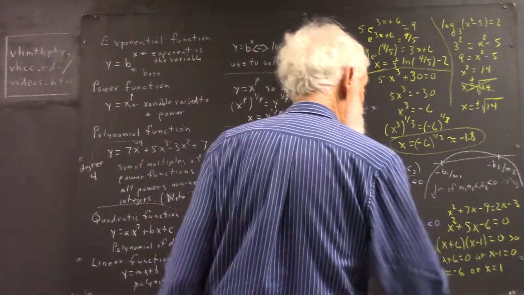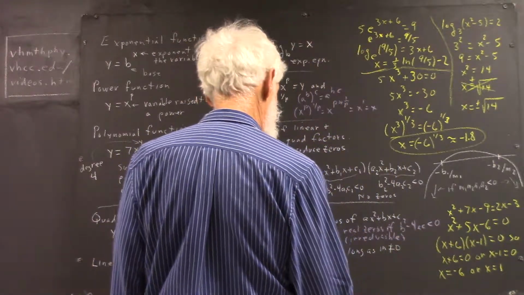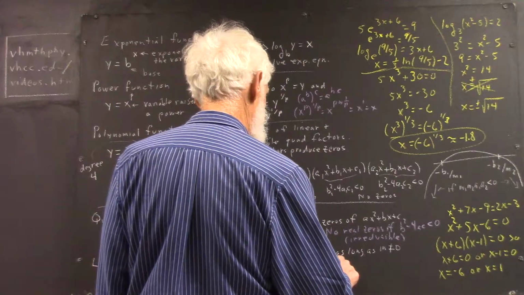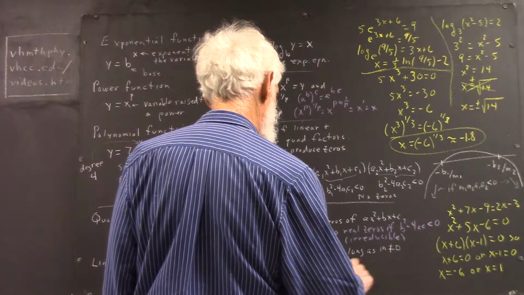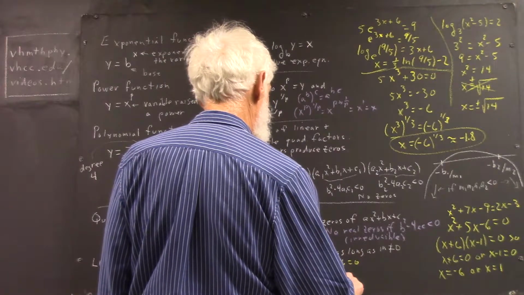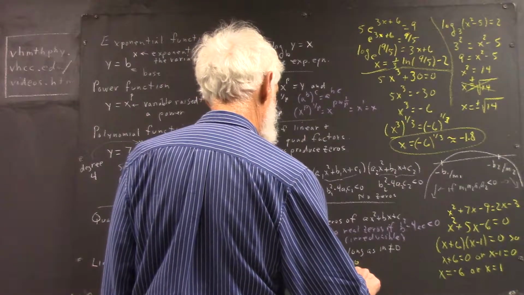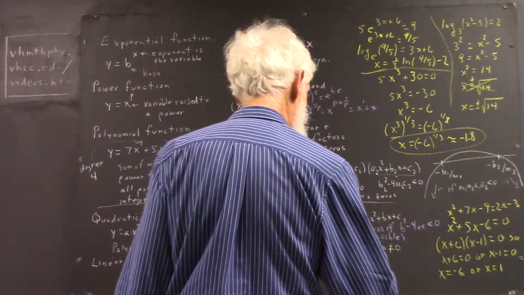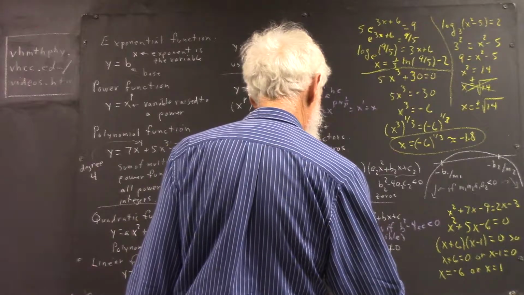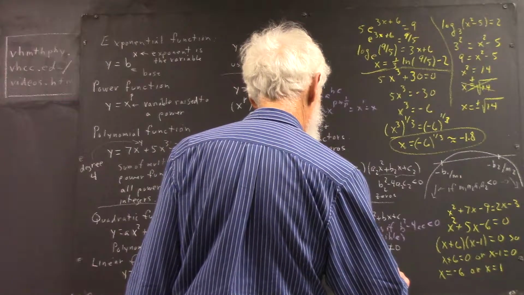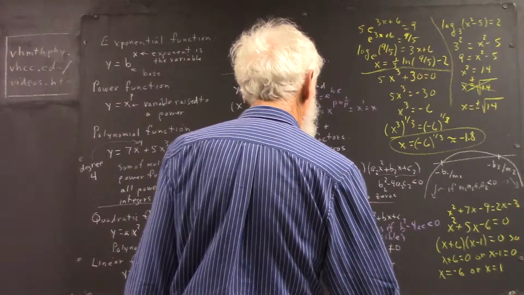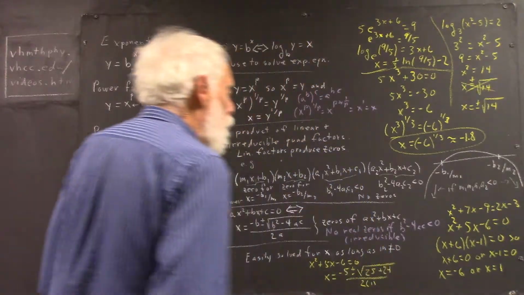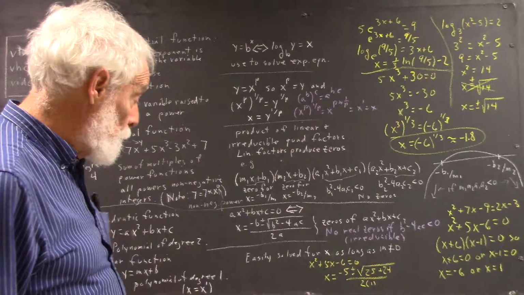The quadratic formula. Okay, you would get x equals negative 5 plus or minus the square root of 25 plus 24 over 2 times 1.